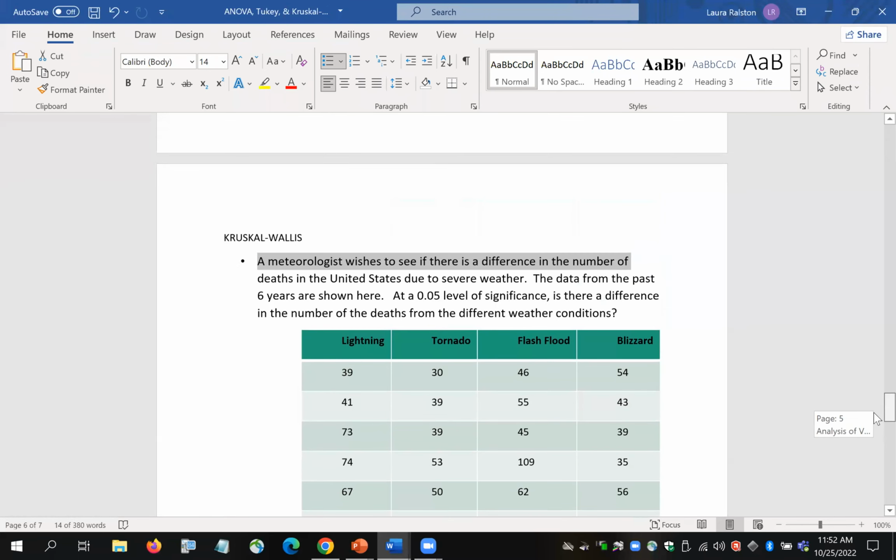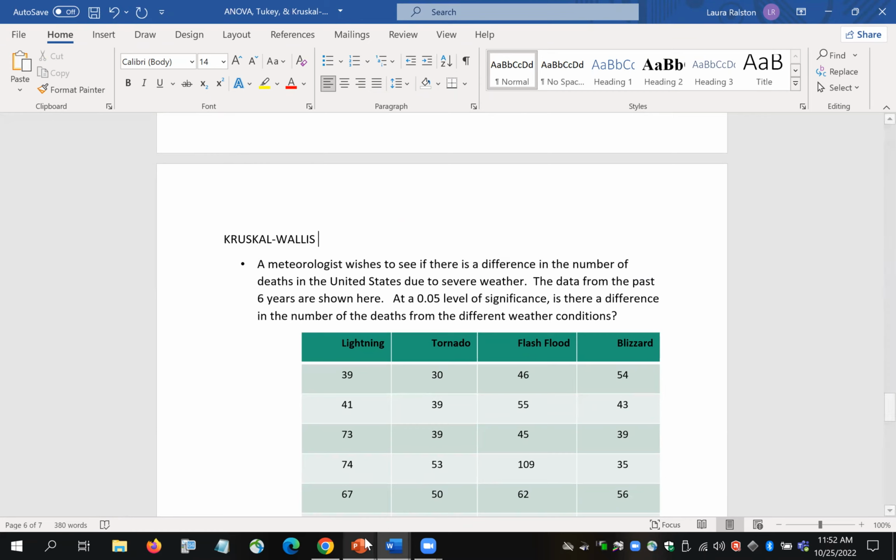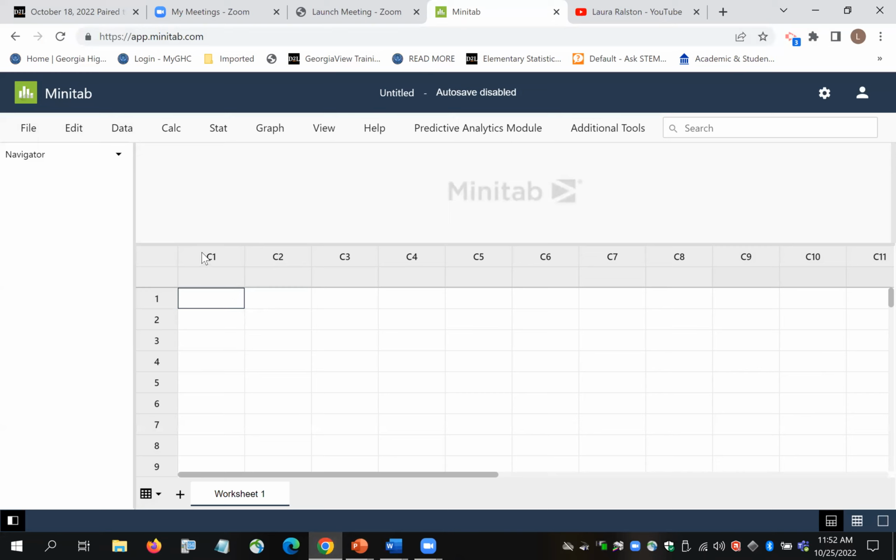So ideally, what would happen on a test is you would be told that it's not normal or it's an unknown distribution. At this point, I could say, well, I don't know what kind of distribution we have. It didn't tell me. So that might be my default go-to, that I'm going to run Kruskal Wallis. But I really should check, because if it's normal, I could use the ANOVA. Okay, but because I don't know what distribution it is, it didn't tell me, I'm going to use Kruskal Wallis.